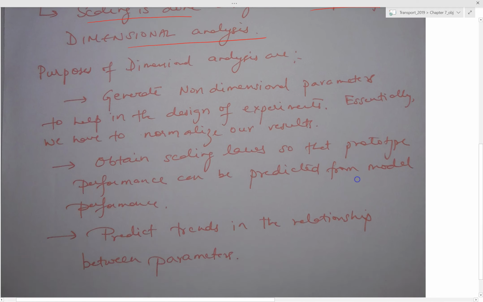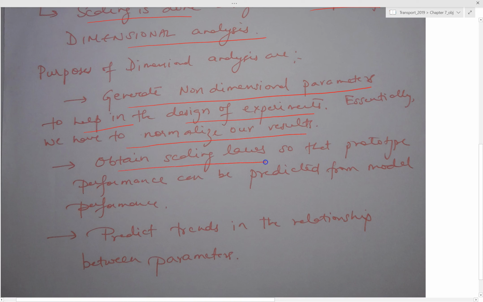And so the purposes of dimensional analysis are: first, generate non-dimensional parameters to help in the design of experiments. Essentially, what we do is whatever results we get in our bench scale or laboratory scale models, we have to normalize our results.